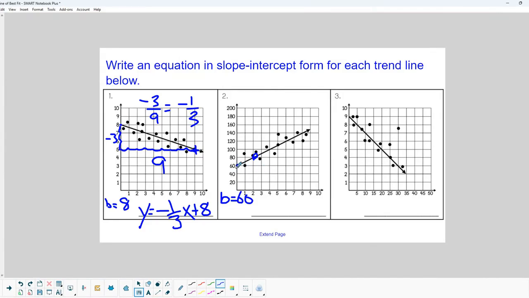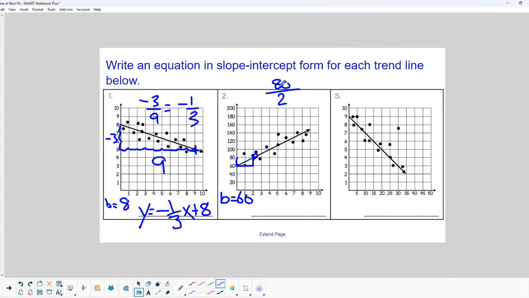So if we think about it, our change in y to go from here up to here is one step, which in this case happens to be 80. So change in y is 80. That's the number on top. And then the change in x to go from here over to here to get to that point is 2.